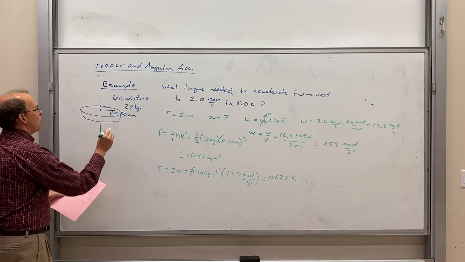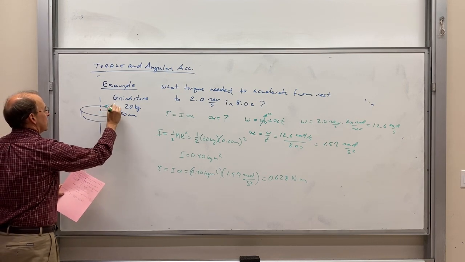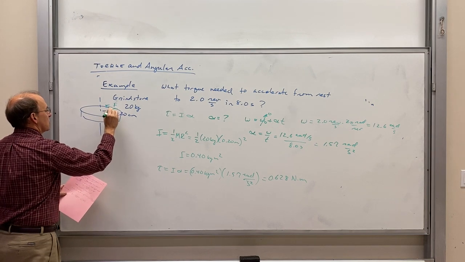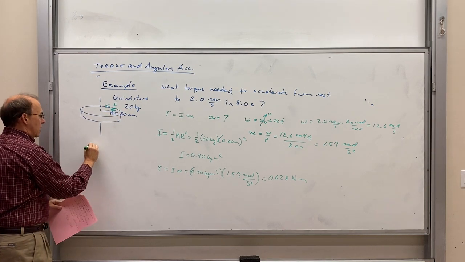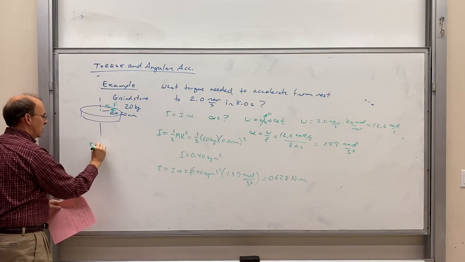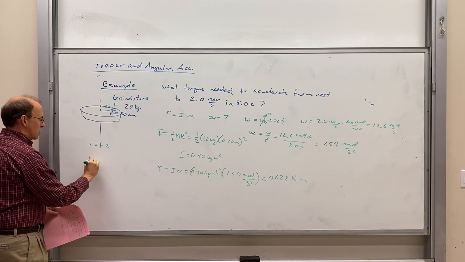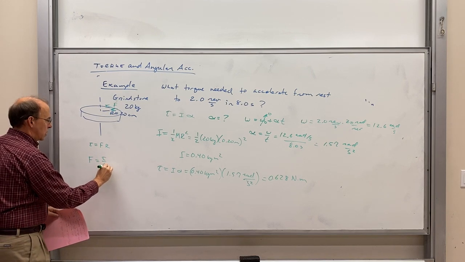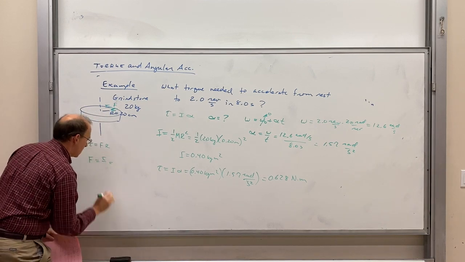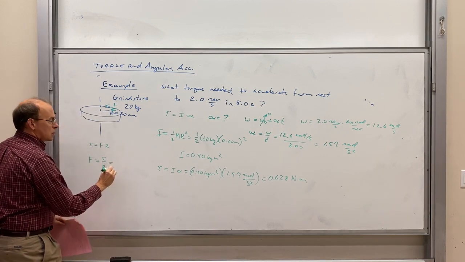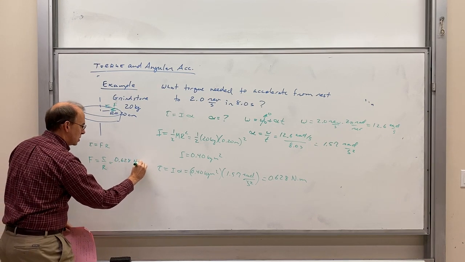What if I want to know the force? Suppose I apply a tangential force here like that. I now know torque is force times radius, so the force would be the torque over the radius. My torque was 0.628 Newton meters.